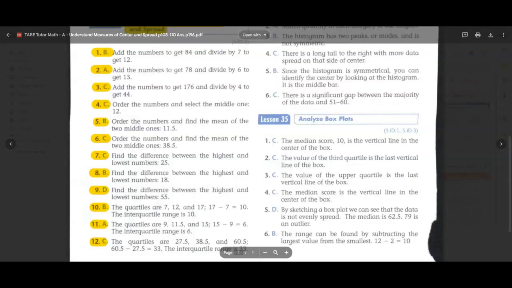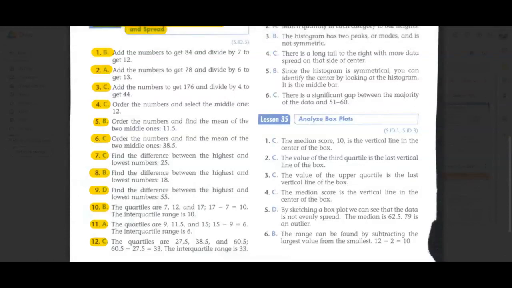All right, are there any questions for 1 through 9? Those were fairly easy data sets.